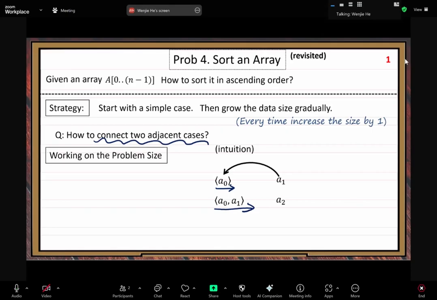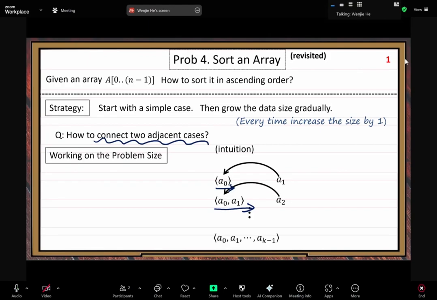You need to compare A2 with A1 first. Because we need to imagine we may have the worst case, if A2 is less than A1, you need to do the second comparison, compare A2 with A0. But in any situation, two comparisons must be enough. So you can get the whole array ordered.